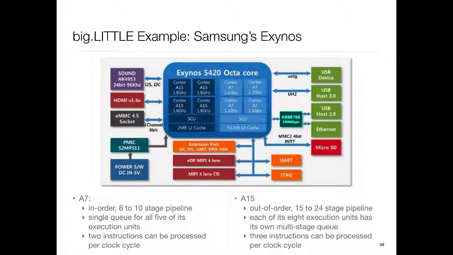Here the A15 has 8 execution units, and each one of them has more complicated queues. 2 instructions can be executed per clock cycle maximum in the A7; here, 3 instructions. So it is a processor optimized for higher performance, and therefore its power performance curve is in a separate place.